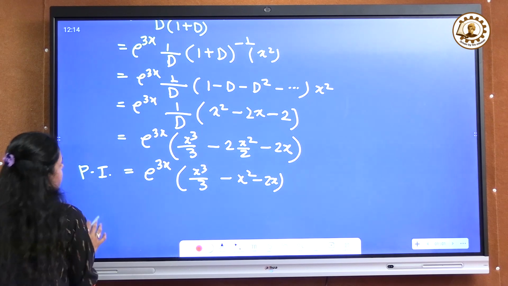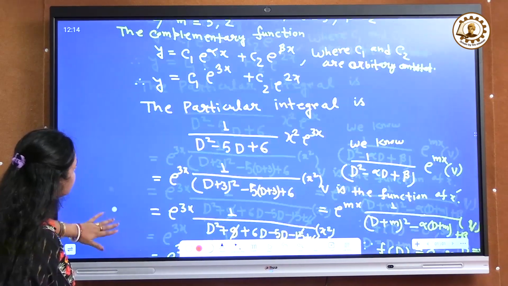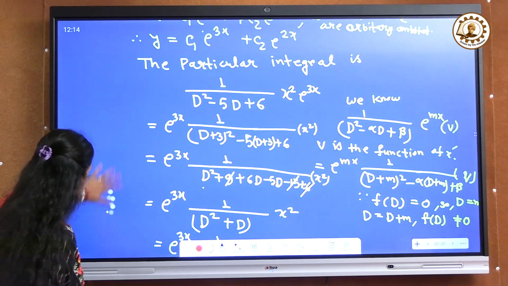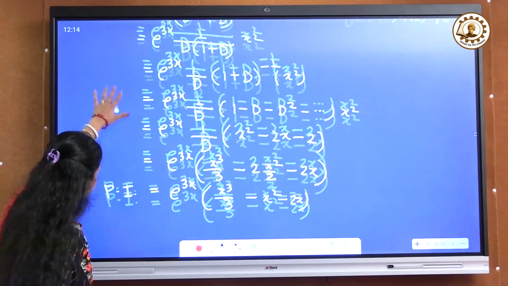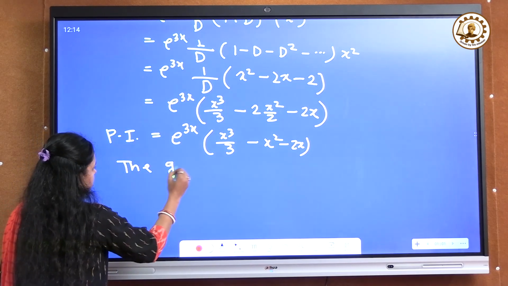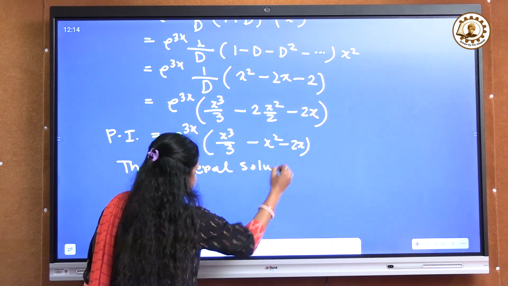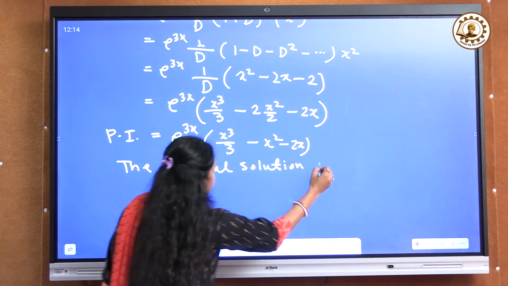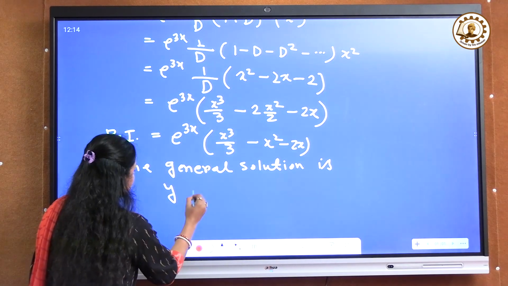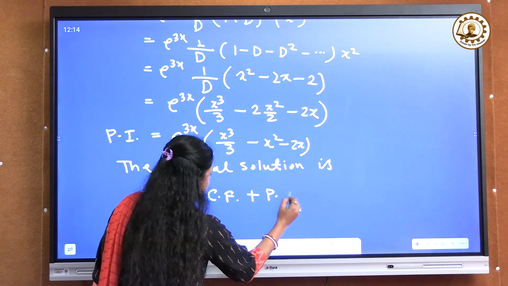So we get both the complementary function and the particular integral. So the general solution is y equals CF, that means complementary function, plus PI.